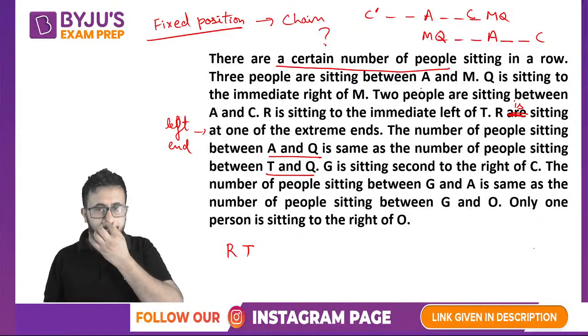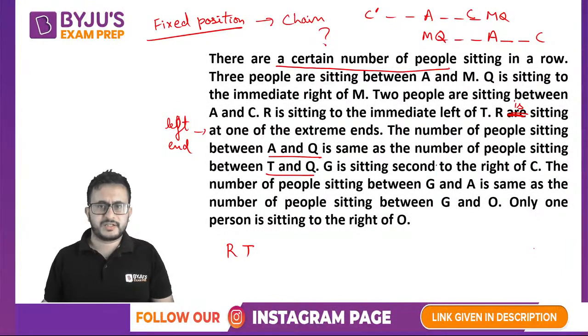Then we have G is sitting second to the right of C. Okay, G is sitting second to the right of C. So if we consider this case, this is not possible. No, this is not possible. G second to the right of C is not possible. So we can have G here in this case.